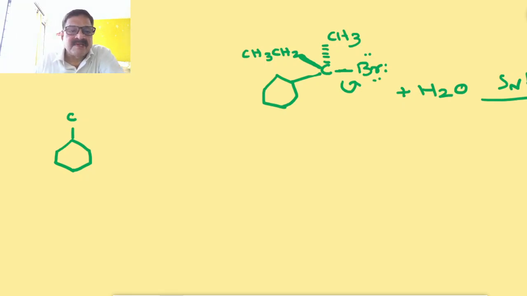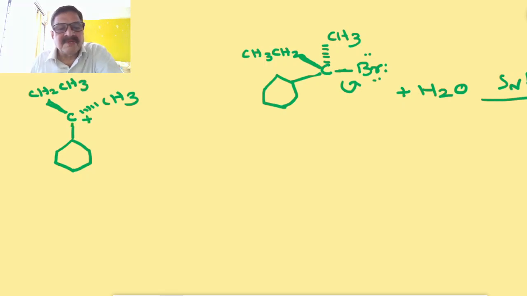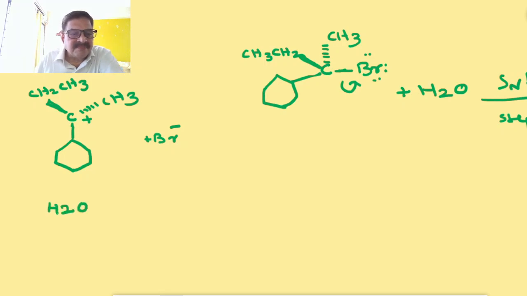In this step 1, we are getting a planar carbocation here. Now we have Br minus here. And this water is our nucleophile, with the oxygen having a non-bonding pair of electrons here.